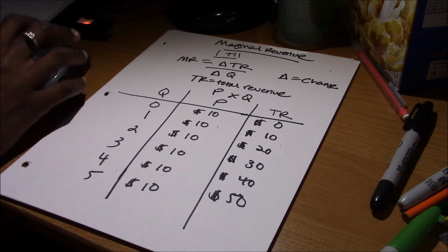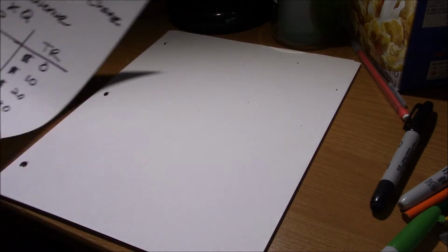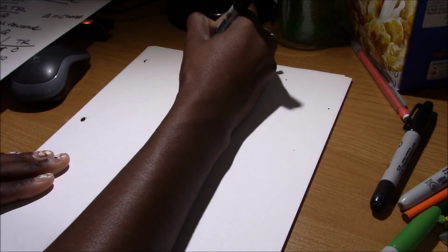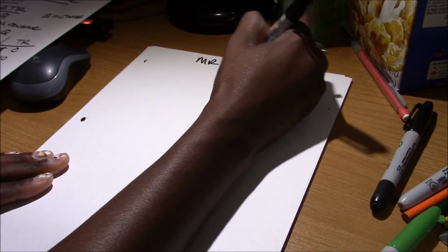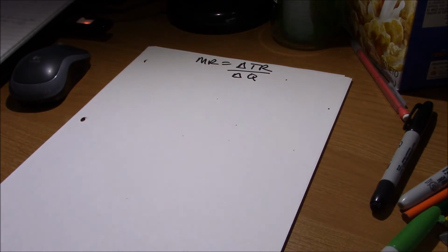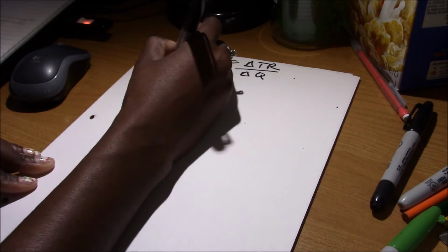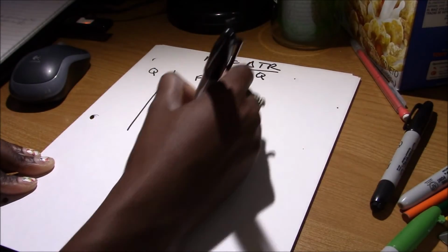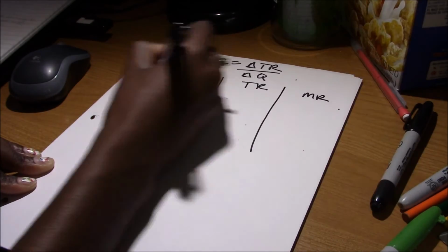Okay? Now, since our marginal revenue, I will rewrite this formula up here at the very top, is the change in TR divided by the change in Q, we can go ahead and add in marginal revenue inside of this chart. So here's our Q, here's our P, here's our total revenue, and here's our marginal revenue now.